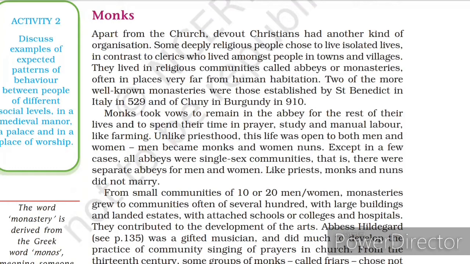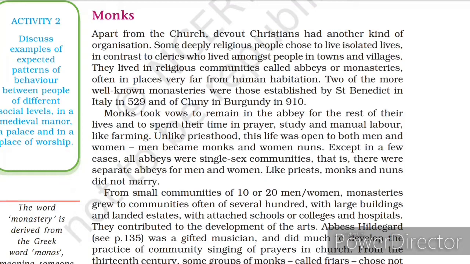When you say abbeys, means hostels. In a simple way, for men and women they keep separate abbeys. Whoever became monks or nuns were not allowed to marry. Gradually, many people, as they saw the life of these people, started to join these abbeys and wanted to be a part of the monks and nuns.